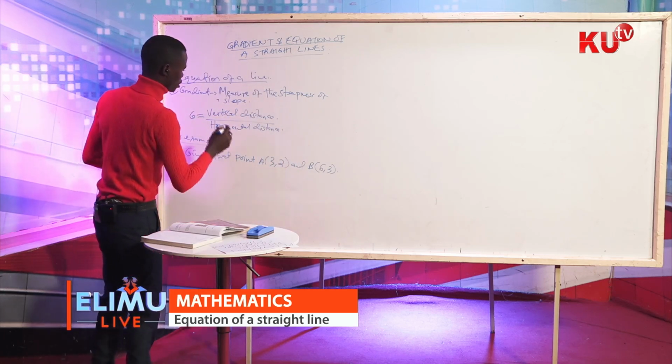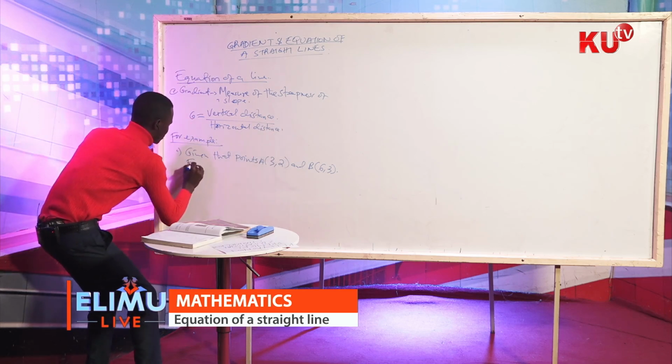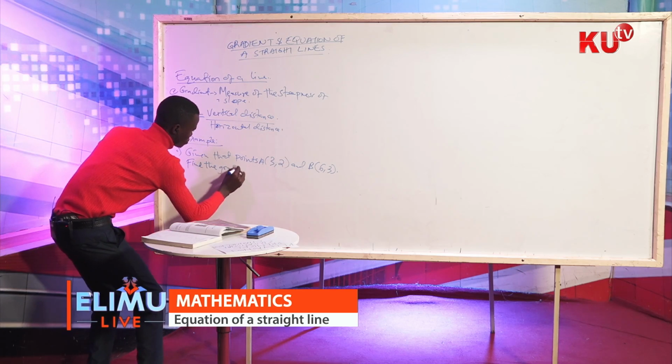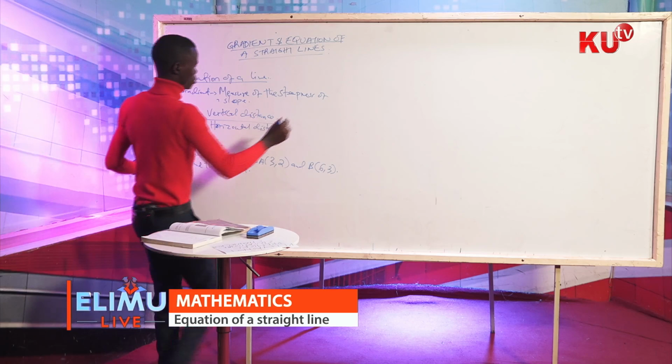Given that points A and B are these, find the gradient. Find the gradient. So what do we do?